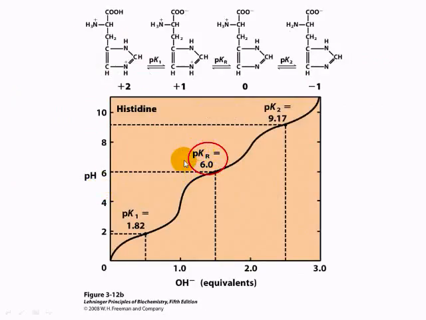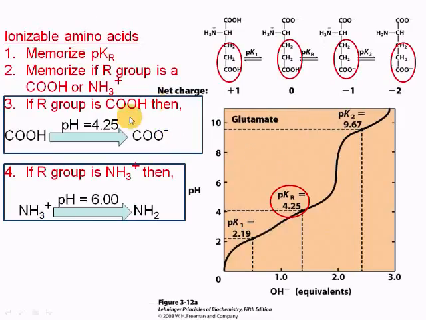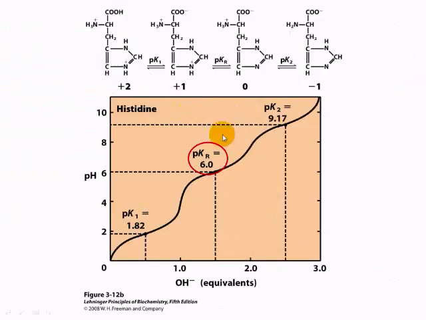When we see an ionizable R group, the first thing we do is we know its pKr because we've memorized that, and then we've memorized if the R group is a COOH or an NH3. So for example, histidine, we've memorized the pKr, we've memorized that the R group has a nitrogen group on it, and so the first thing we do is we draw NH3 plus on the left, we draw an arrow to NH2, and over the top we draw 6.0.